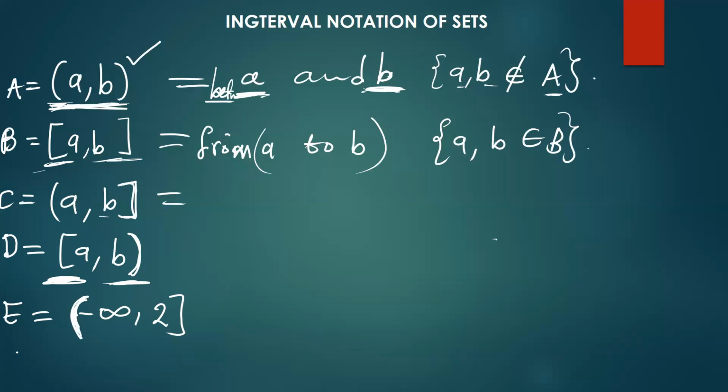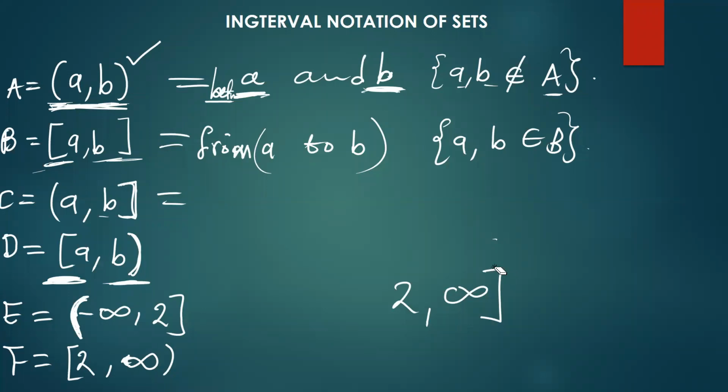So the infinite symbol always carries an open bracket. The closed bracket doesn't exist with infinity, because infinite means that you keep on going, and this bracket tells you that you have to end at a certain number. So they don't work together, in short. So the infinite symbol is always moving with the open bracket.